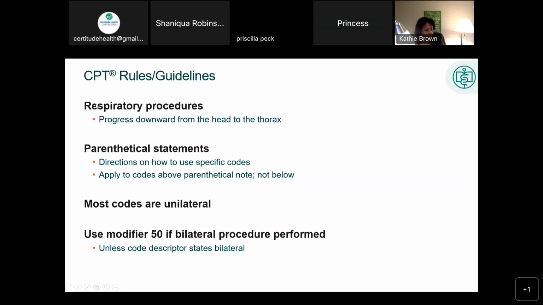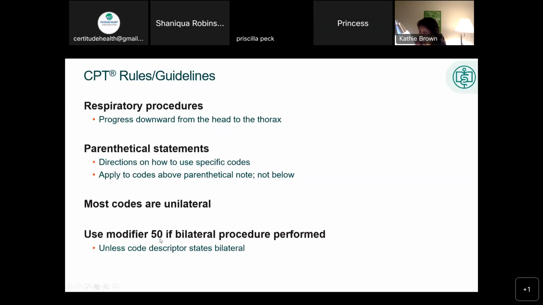So basically what you'll see is a lot of what we've already seen: parenthetical statements or parenthetical notes, which would be those notes in parentheses just below the code. Also, most codes are automatically unilateral by looking at your code description, meaning they represent one lung or one bronchial.